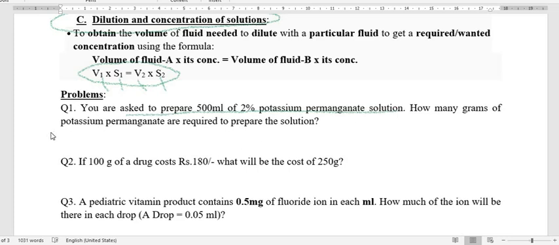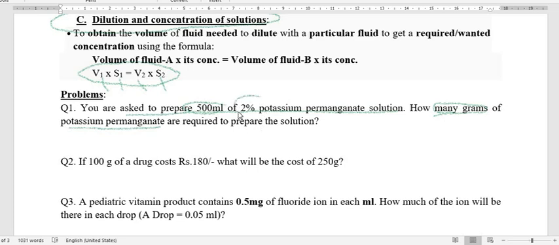What the question is asking is how many grams of potassium permanganate you require to make 500 ml of potassium permanganate solution.